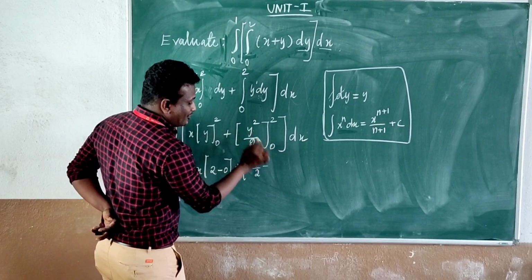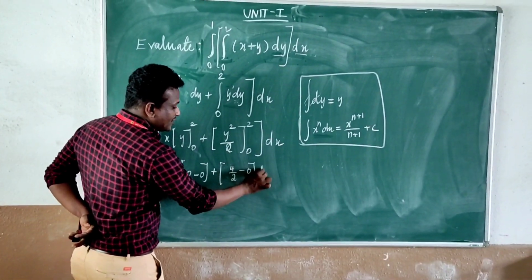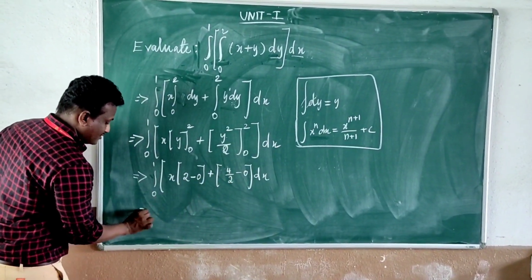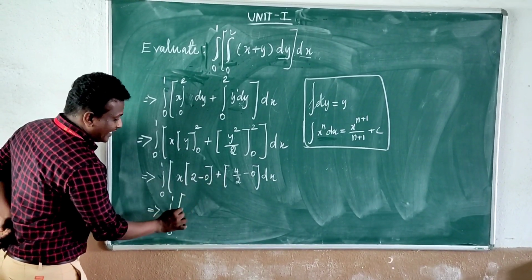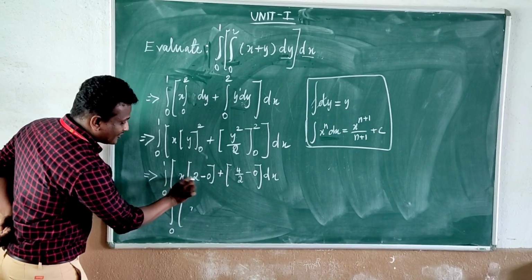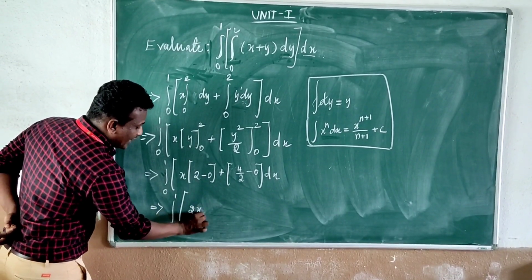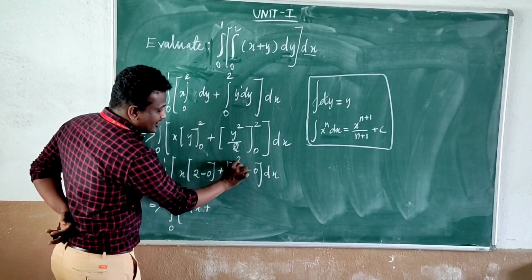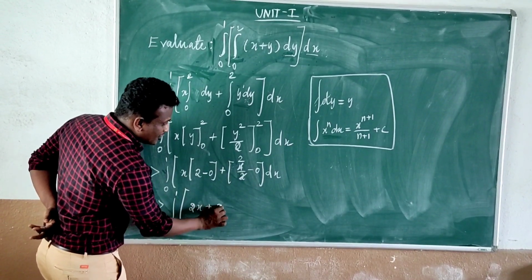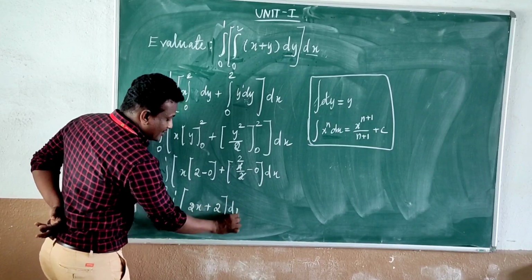Now minus, when you apply 0, it is 0. Now close the step. Let us move to another step. Simplify it: when you multiply x with 2, you get 2x, it is 0, plus when you cancel this, it is 2. So the answer is 2. Give a bracket into dx.